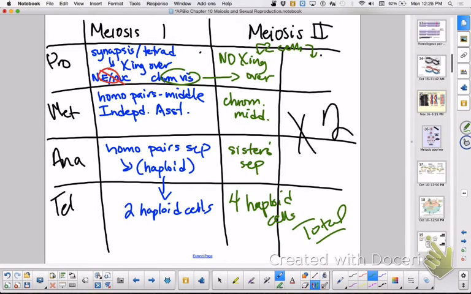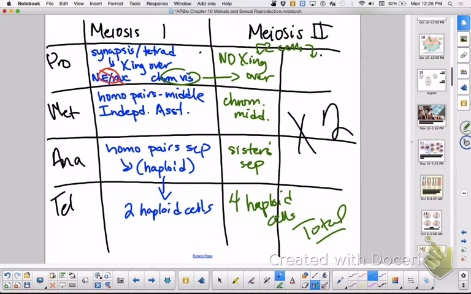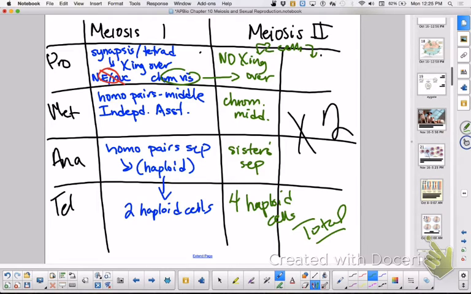We good? Okay. So next thing I want to ask you is, where in this process can we get variety? Where is there a lot of variety that you see? There's 3 big areas. Where? Crossing over is one place where you get variety. Where's another place you get variety? Independent assortment.